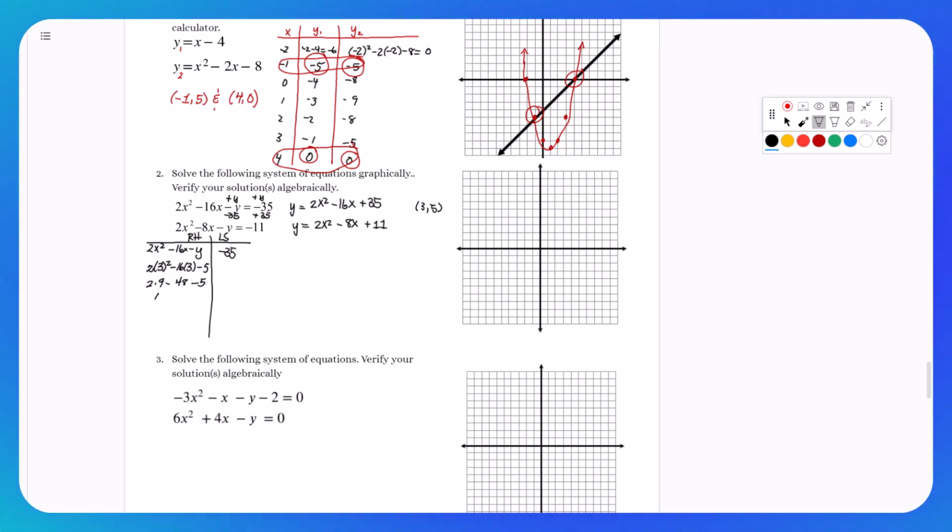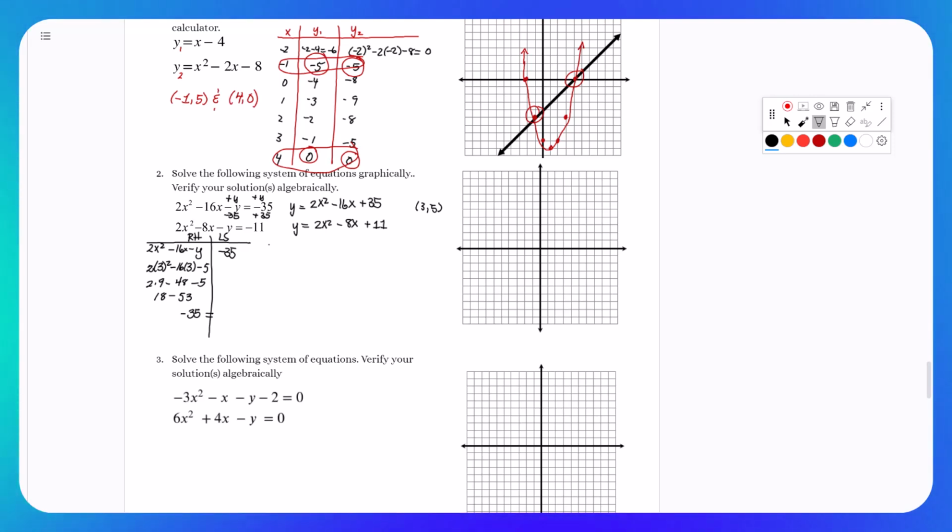Well, 2 times 9 is 18, minus 48 minus 5 is minus 53, and 18 minus 53 is minus 35. So left hand equals right hand.